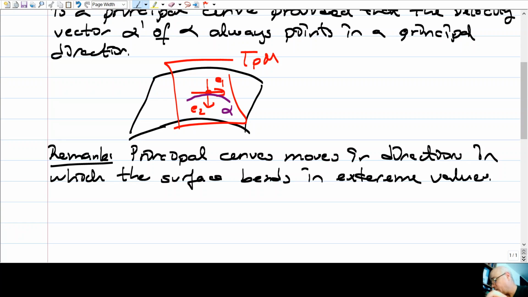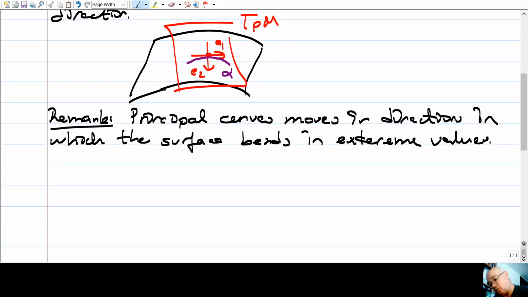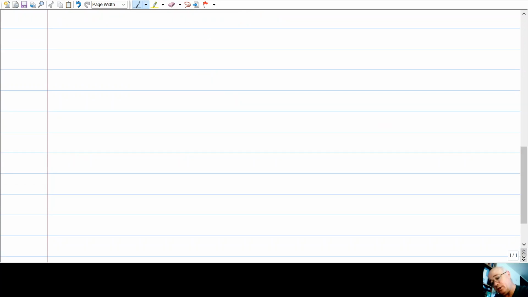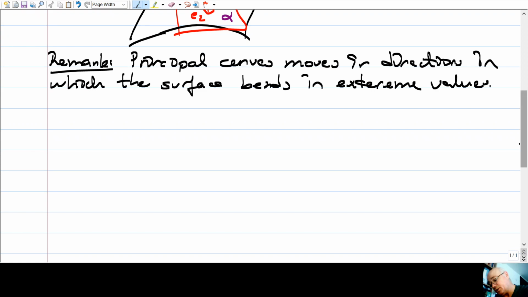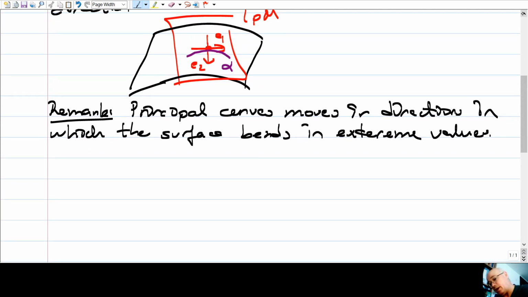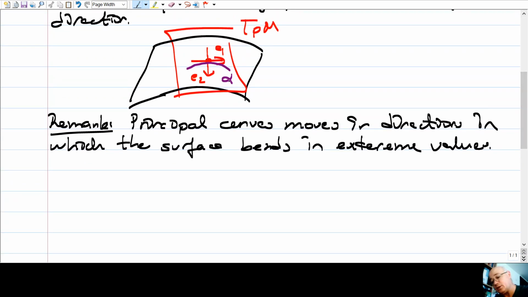Okay, of course, through an umbilic point, every direction is principal. So at such a point, any direction is principal. But usually there are only two such directions, right? At any point there are only two such directions. So at any point there can be at most two principal curves.